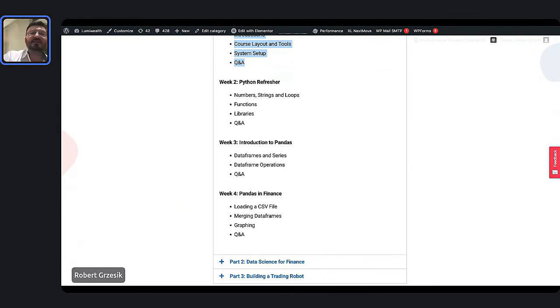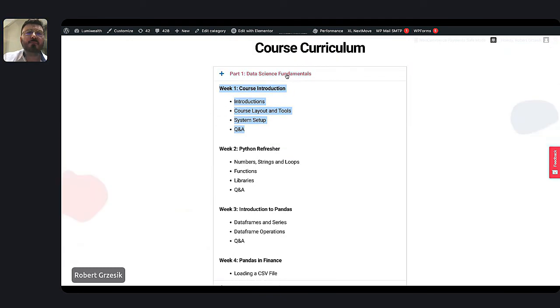How do you use Pandas to download this data and come up with some sort of insights, right? So we'll talk about loading CSV files, merging data frames, graphing things out, data sources you could access, all that kind of stuff. We're going to cover some really cool things. And I think by the end of week 4, you're going to have a really strong grasp of how to use programming to actually get some insights into the world of finance. Right? So that's part 1.